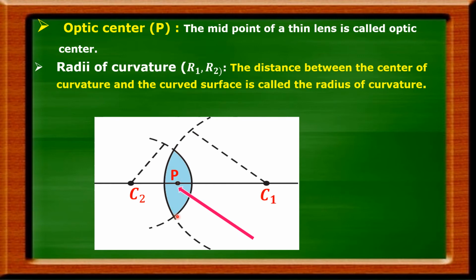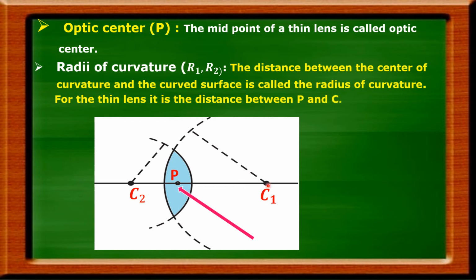In that case, we can say that the lens is a thin lens. For a thin lens, it is the distance between P and C. P is the optic center. C is the center of curvature. So from here to here, or from here to here, you can take the radius of curvature.